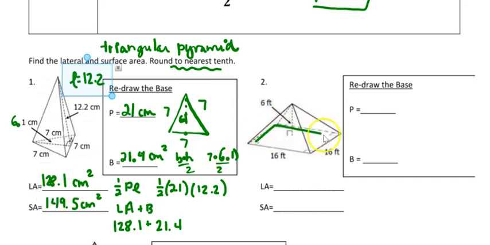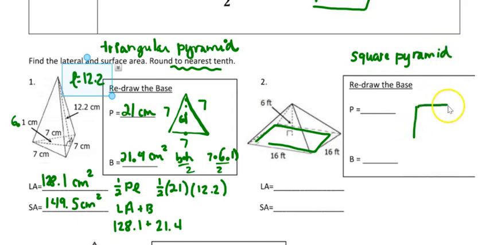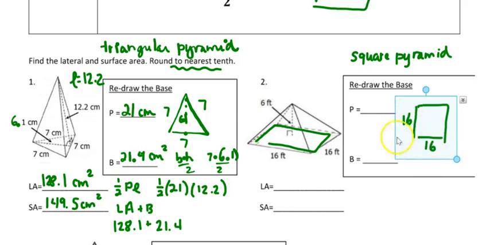This base is a square, and I know it's a square because I see 16 and 16. So this is a square pyramid. It wants us to redraw the shape of the base. 16 times 16 will get us the base area, 256.